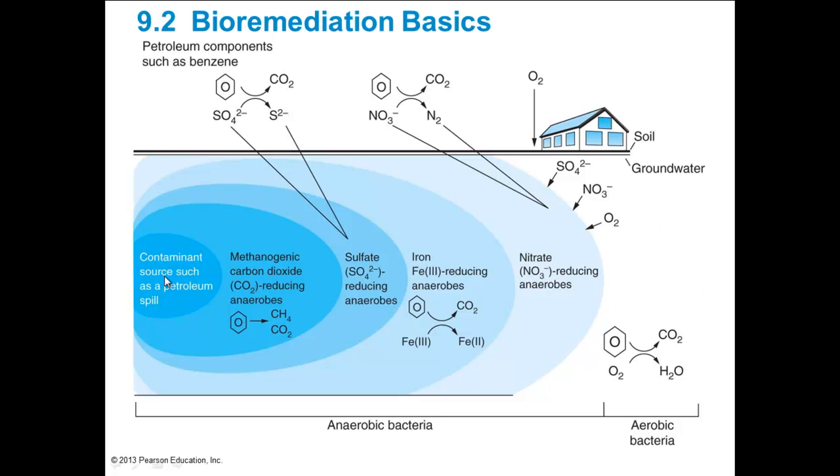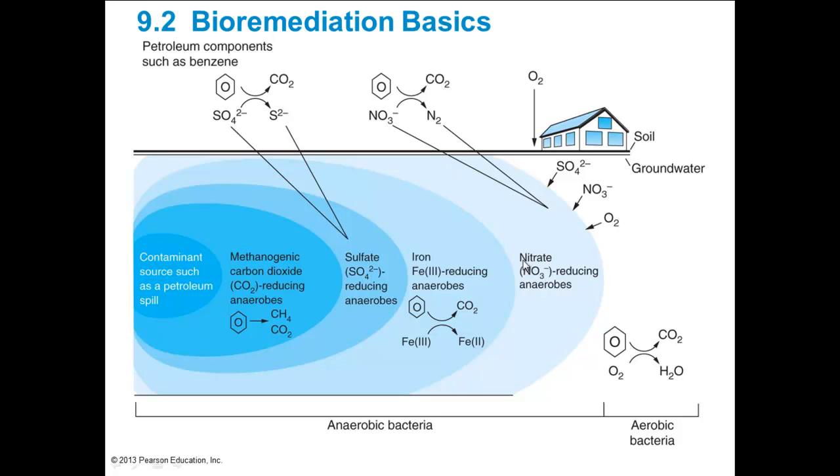Inside the contaminant degradation zone, here is the contaminant source. The first thing that happens in these degradation reactions is aerobic metabolism. So we have benzene being converted in the presence of oxygen as a terminal electron acceptor. It's converted to water and carbon dioxide.